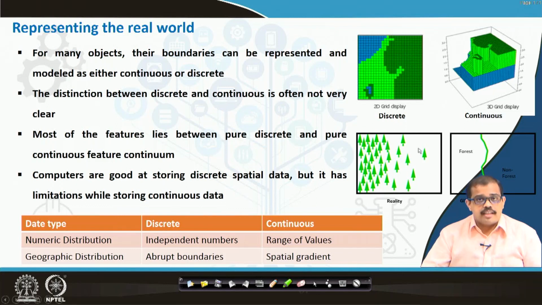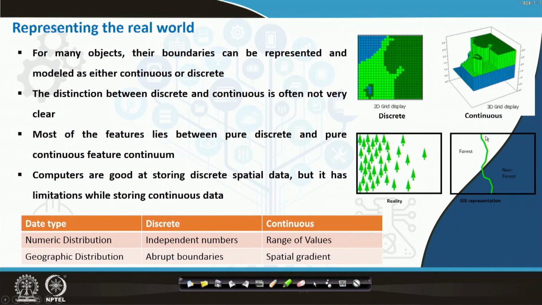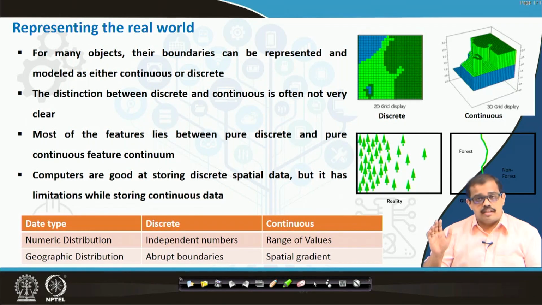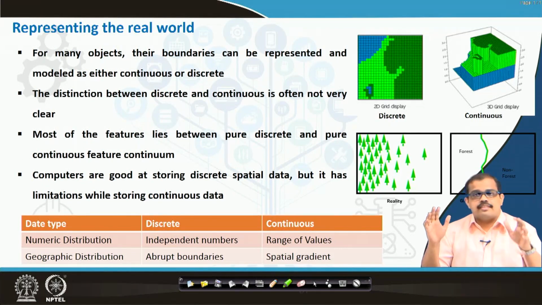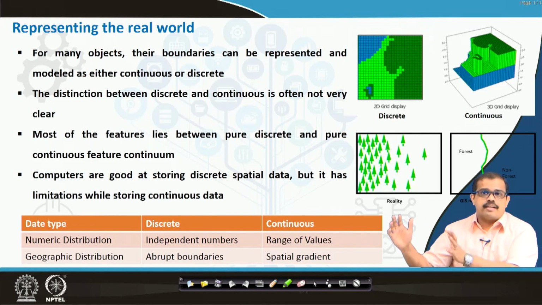This is another example of discrete data. If you look at this, it is again discrete data. Most of the features in continuous or discrete data have certain values associated with them, and when you look at the real world, you do not have anything that is separately discrete or separately continuous.